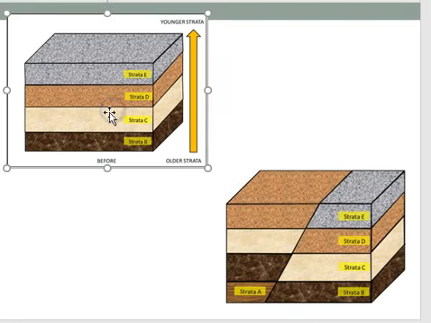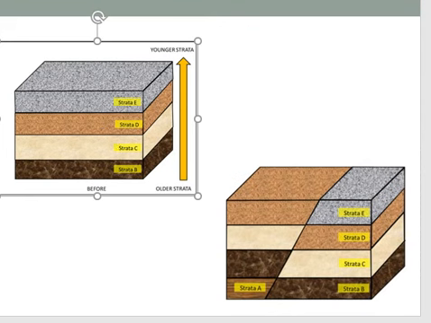So one way to identify earthquake or faulting movement is the displacement of the strata. So originally, if we look at the law of superposition, you have the older sediment or strata at the bottom and the younger sediment strata at the top, and often that material is deposited in a very flat pancake, layer cake formation.